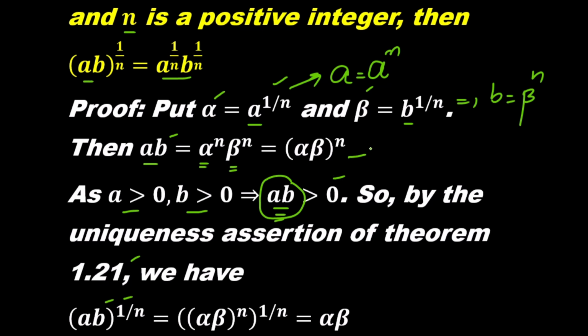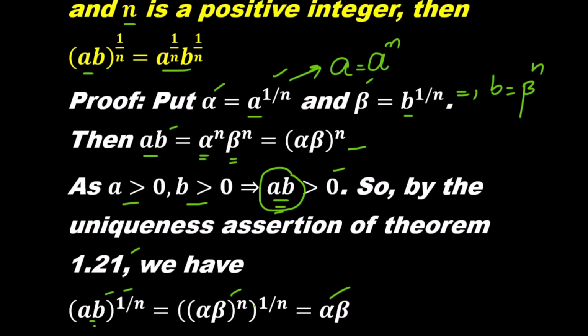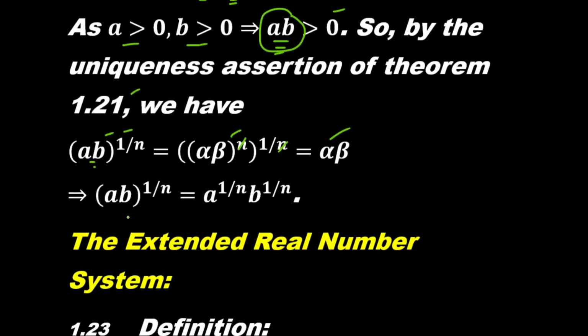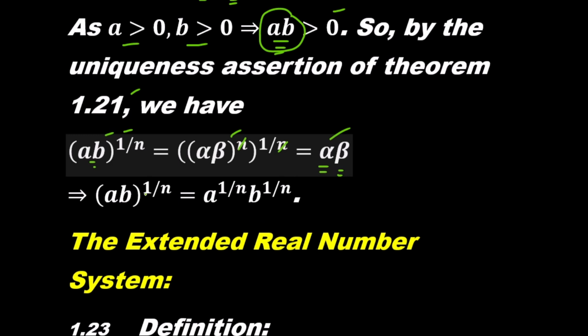Taking power 1 by n here, as AB is equal to alpha into beta whole power n, this gives alpha into beta by cancelling out the power n into 1 by n. Hence, by substituting the values of alpha and beta again, we have AB whole power 1 by n is equal to A raised to power 1 by n into B raised to power 1 by n. So this is the simple corollary that I hope now you have a clear understanding about.